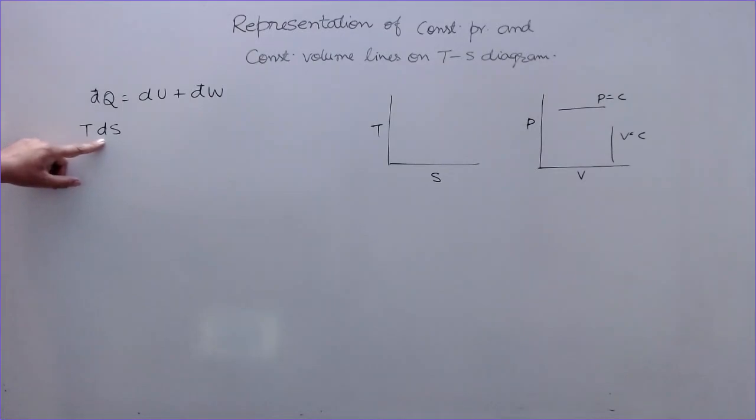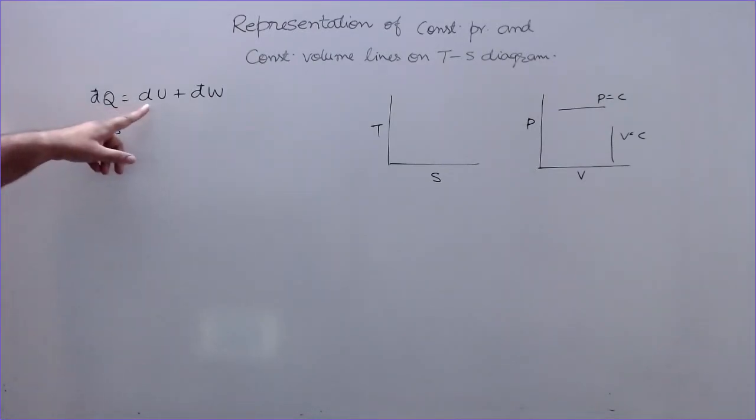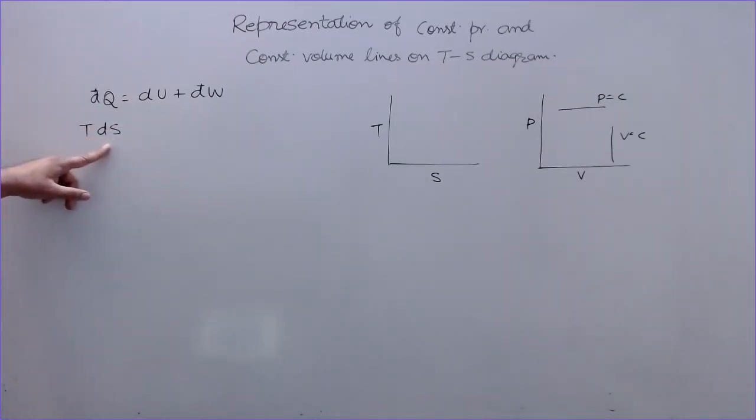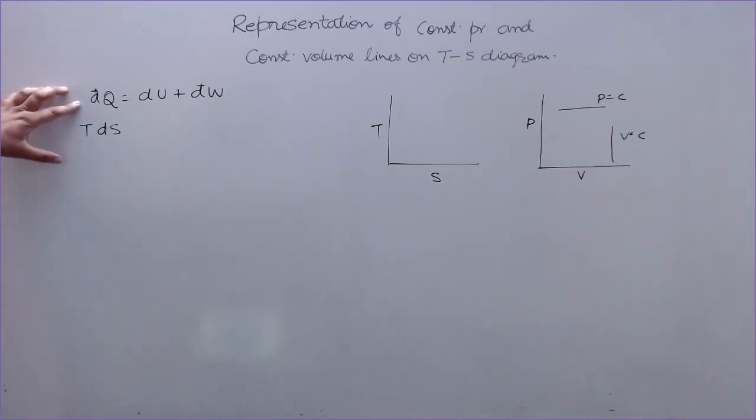So ds, the change in entropy, since we always measure change in these properties, is an exact differential. This is equal to dq by T, that is, the quantity crossing the boundary of the system, heat given or heat taken, divided by the property at which this is occurring. dq by T is equal to ds.